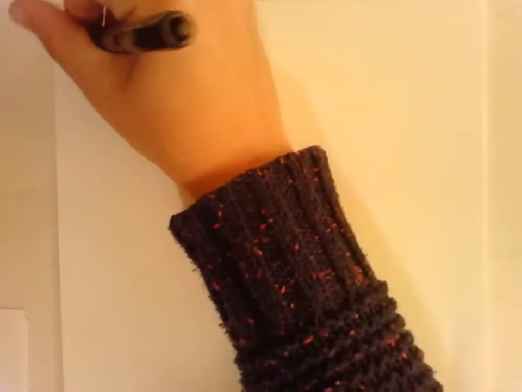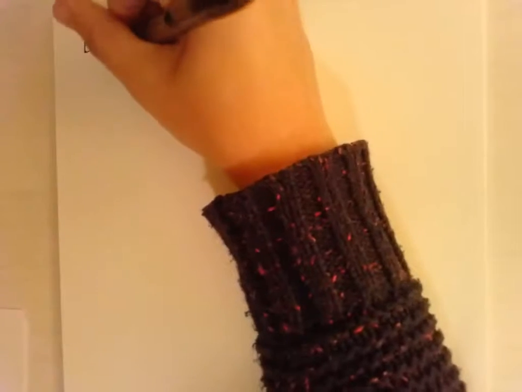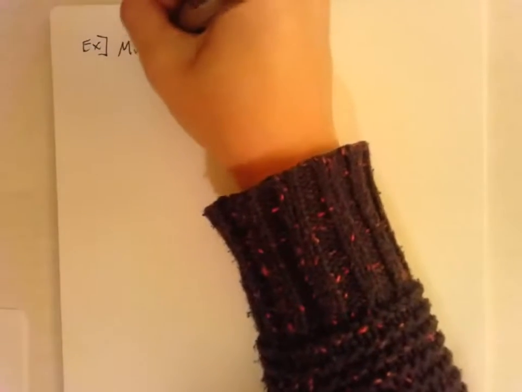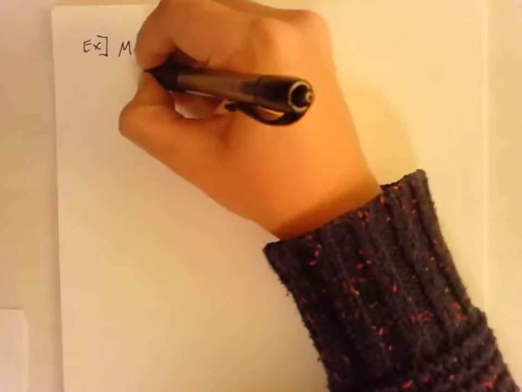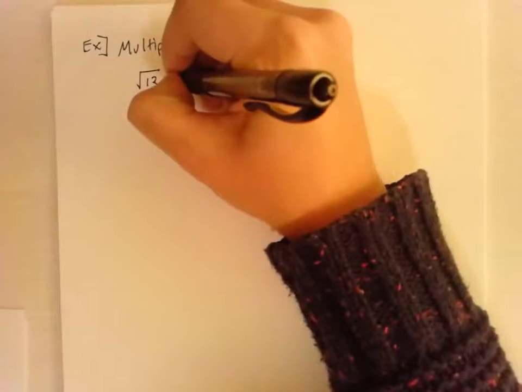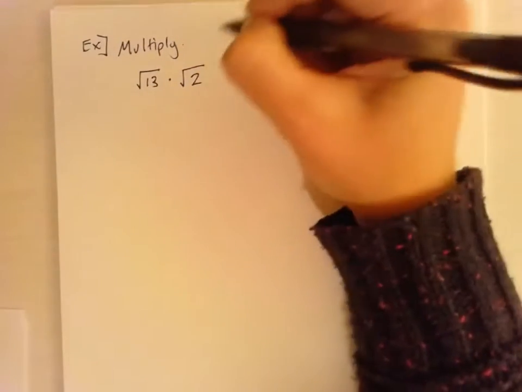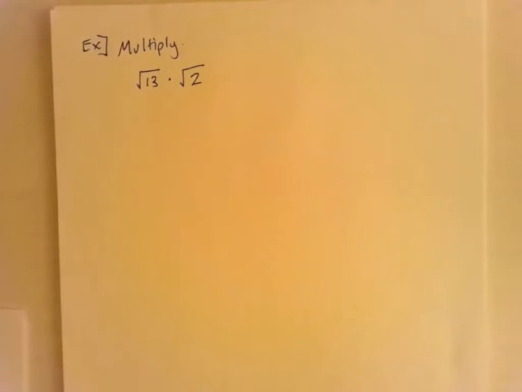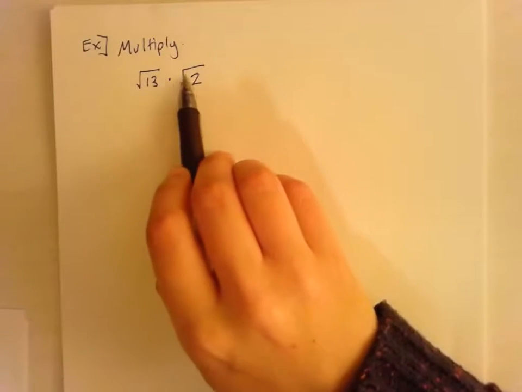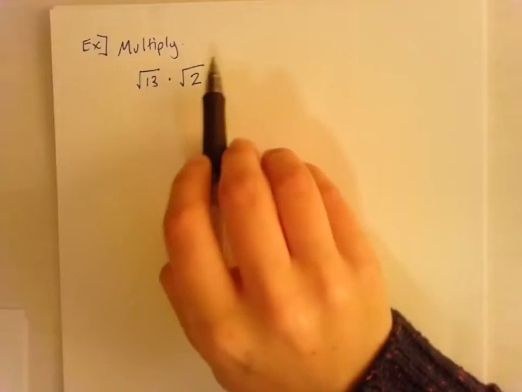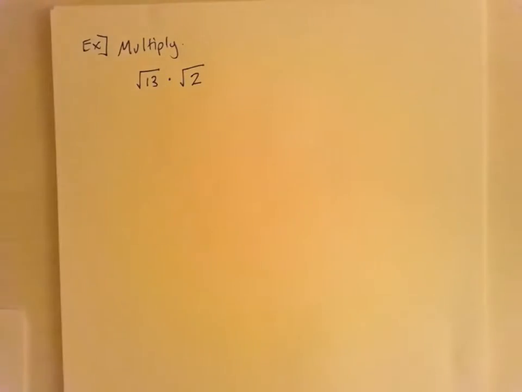The first example I want to do with you guys is one about multiplying. So we're going to say example, and then we're going to say multiply, because that's what we're told to do. Let's say that we were given square root 13 times square root of 2. Notice how these are both radicals of the same index. This is a square root, this is a square root, so I am allowed to multiply them together.